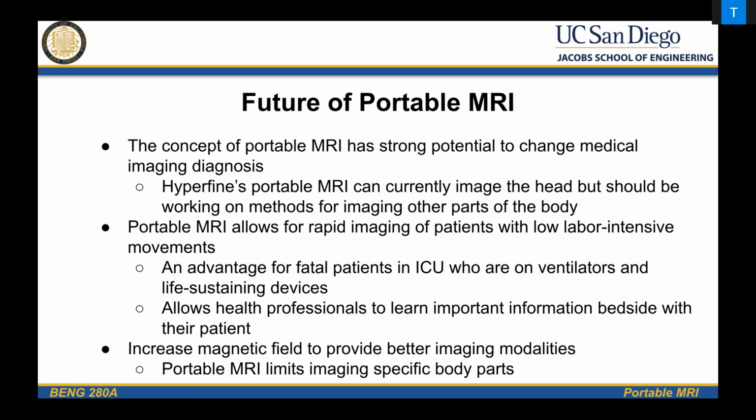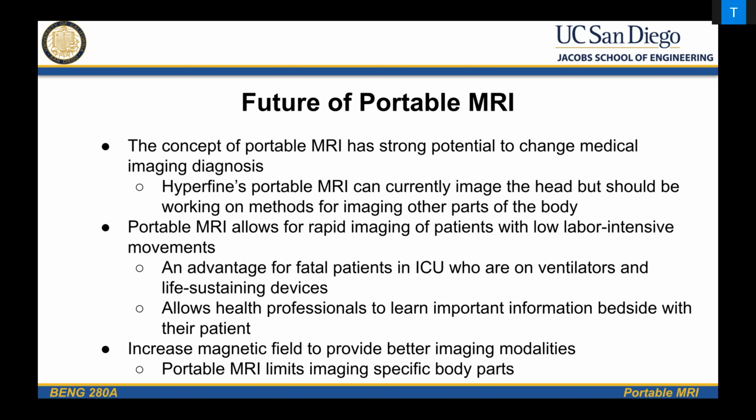The concept of portable MRI has very strong and huge potential to change medical imaging diagnosis. Hyperfine's portable MRI can currently image the head and brain region, but they should be working on methods for imaging other parts of the body, just like a normal MRI does. A portable MRI allows for rapid imaging of patients with low labor-intensive movements.